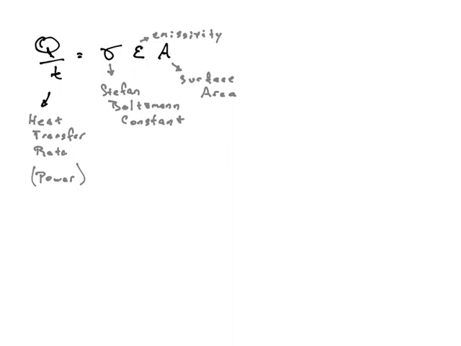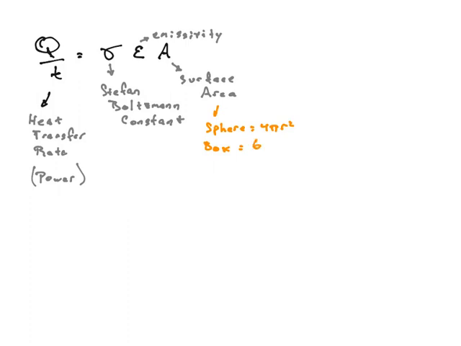And just so you know, the surface area for a sphere, if you don't know the equation, is 4 pi r squared. And the surface area for a box, well, let's see, there's length times width is the area of one side, and then how many sides does a box have? 1, 2, 3, 4, 5, 6.